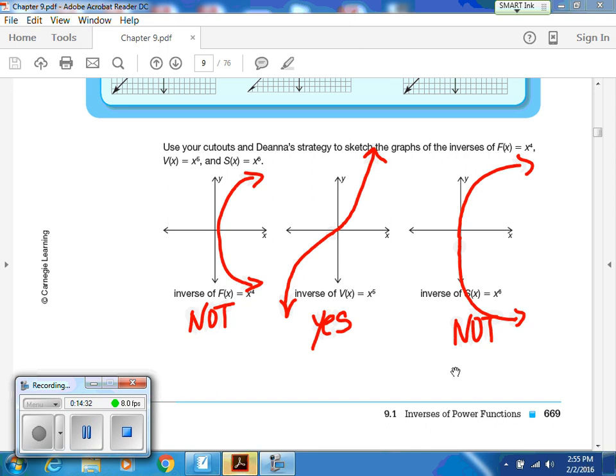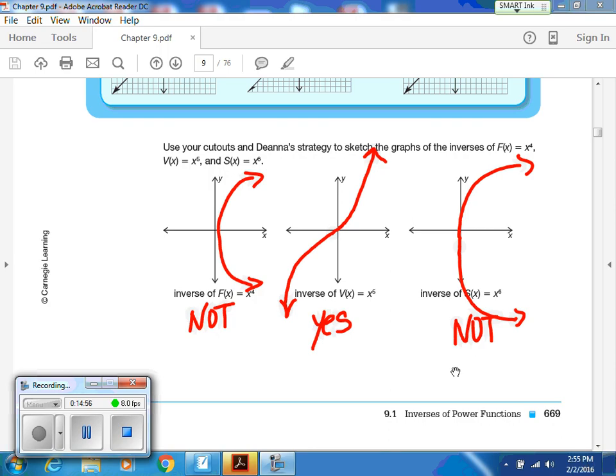What do you think about these even powers and their inverses? Can the inverse of an even power be a function? Why not? Why? So is that middle one an odd function?